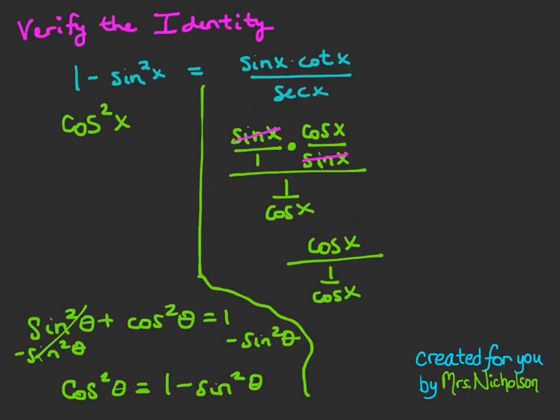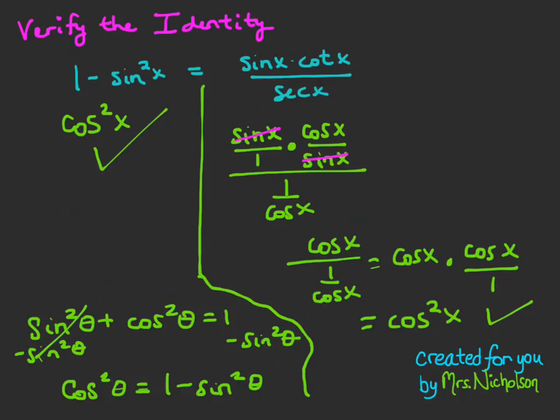Now when I am dividing with fractions, remember that the rule is that you multiply by the reciprocal. So I'm going to keep the top fraction, cosine x, times, and I'm going to take the reciprocal of the fraction that's in the denominator. Instead of 1 over cosine x, we're going to write it as cosine x over 1. So now I have cosine x times cosine x, which is, of course, cosine squared x. And now both sides of my identity are the same. And we have verified that it is always true.